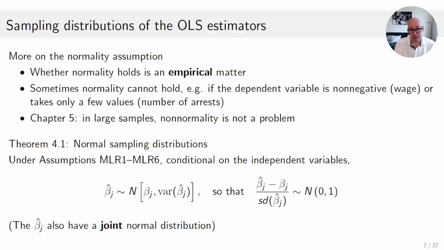This is just a simplification. Everything will also work out fine in large samples, because then we can use asymptotics. But this is for later. For now, we're just going to go with normality, and as I said, this is mainly for simplicity.